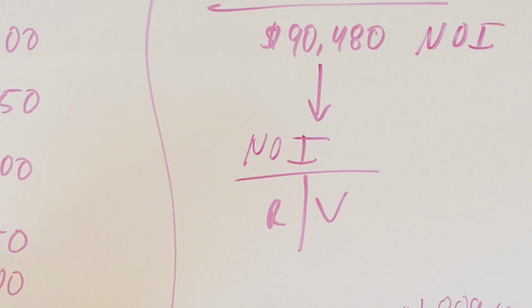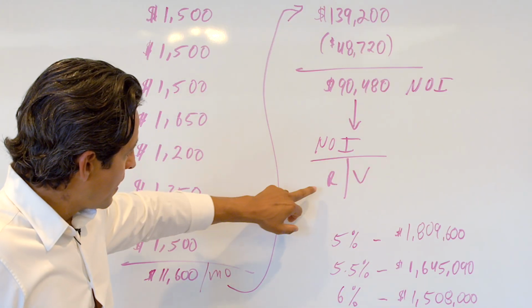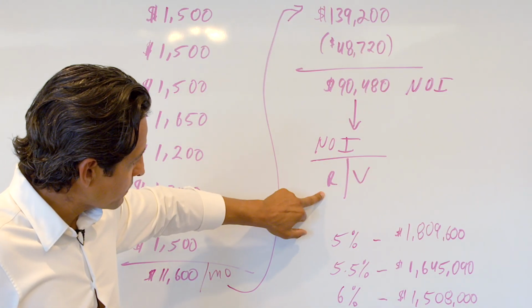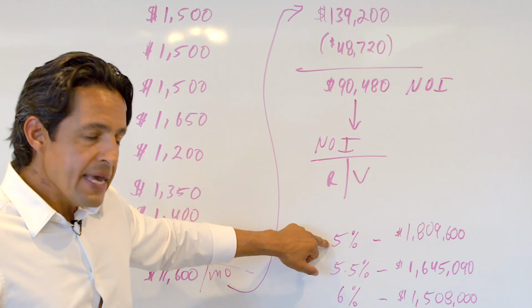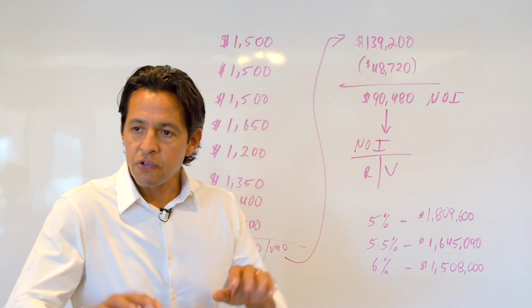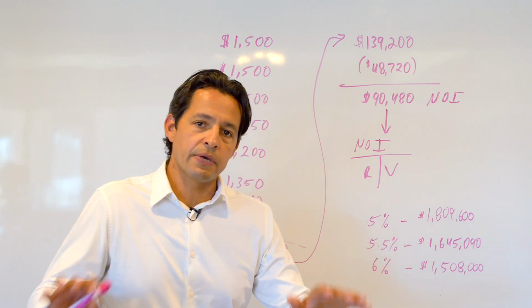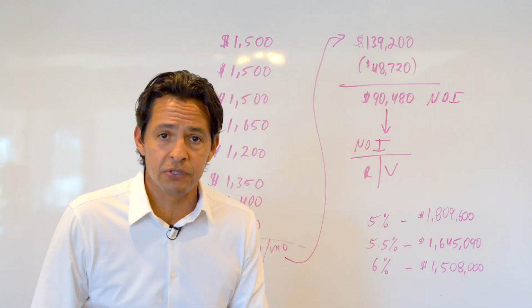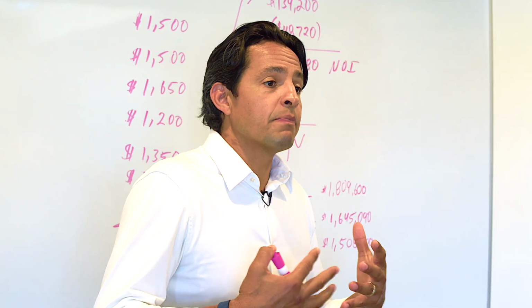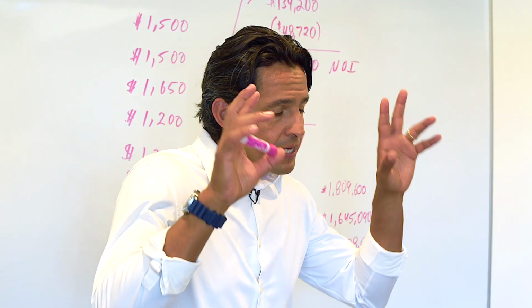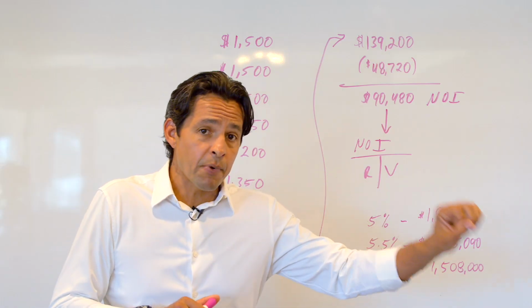Now, I'm gonna show you guys something. I'm gonna divide by cap rate. And in this scenario, if I was an investor in a certain market, let's just say Southern California, and let's just say Long Beach. If I'm an investor and I'm like, I want a 5% rate of return, that's essentially what you're saying. It's essentially what cap rate means.